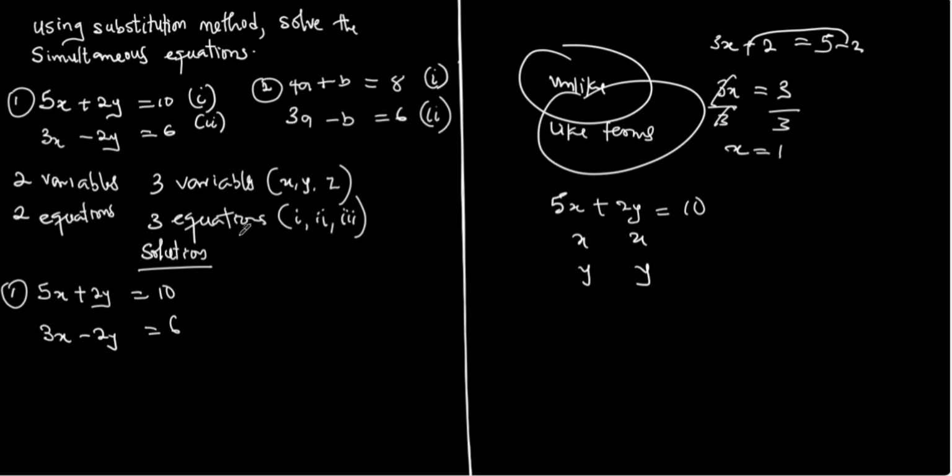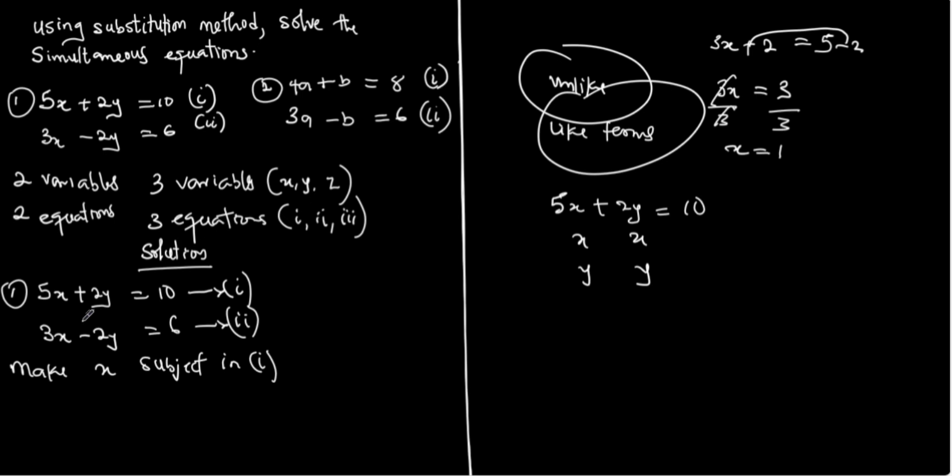So that means that if I make x subject of formula in equation 1, I will then substitute in equation 2. Now, we'll say make x subject in equation 1.